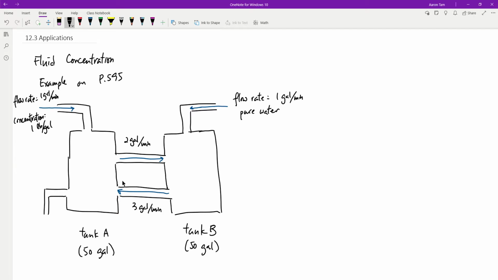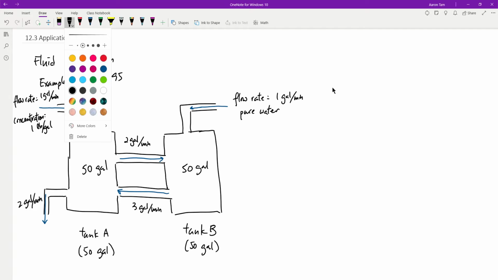And if you look at tank A, there's 1 gallon going in from the outside, 3 gallons coming in from tank B, but only 2 gallons going out to tank B, therefore leaving the excess liquid draining out on this side at a rate of 2 gallons per minute. So in this case, both of these tanks would maintain their volume of liquid inside. And as I said, both of them are right now filled with 50 gallons, with a 50-gallon capacity.